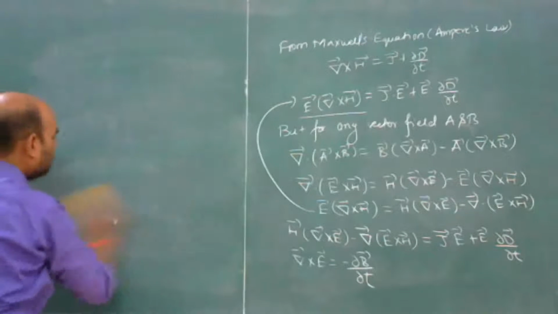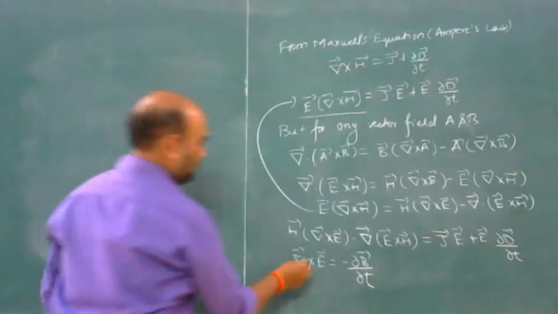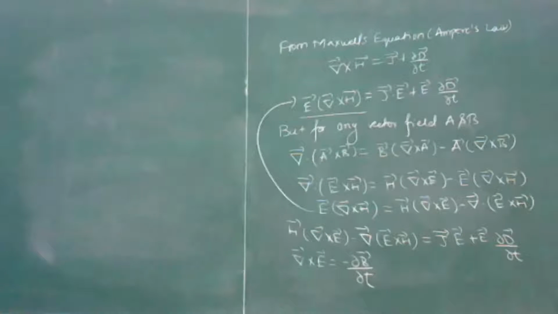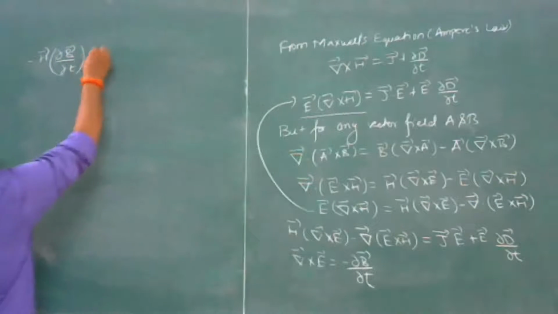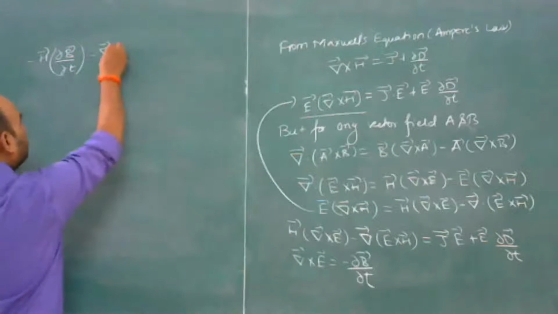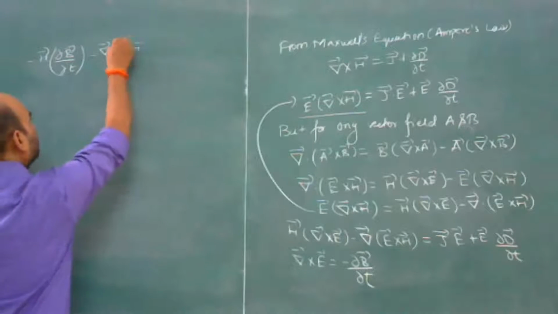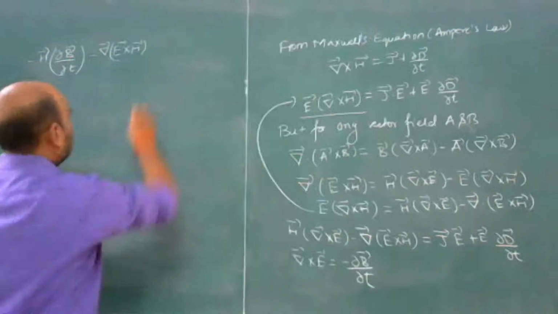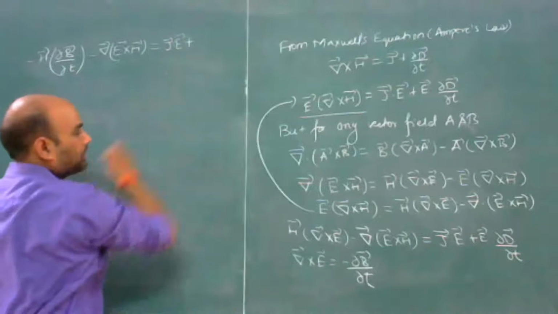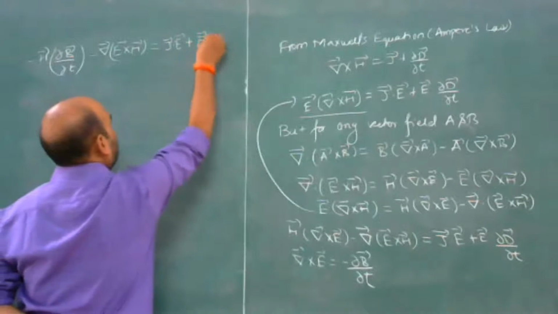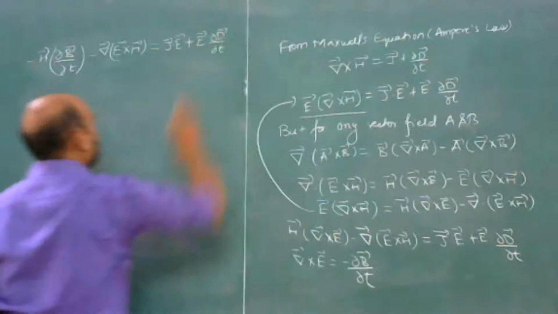So substitute here the value of curl of E. This will be minus H dot del B by del t minus divergence of E cross H is equal to J dot E plus E dot del D by del t.